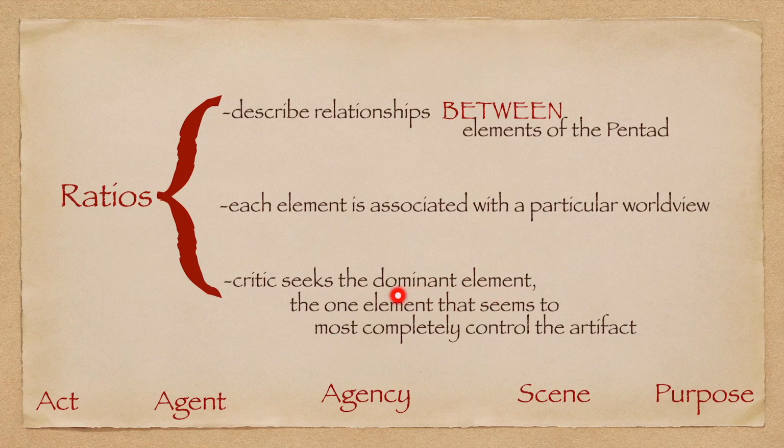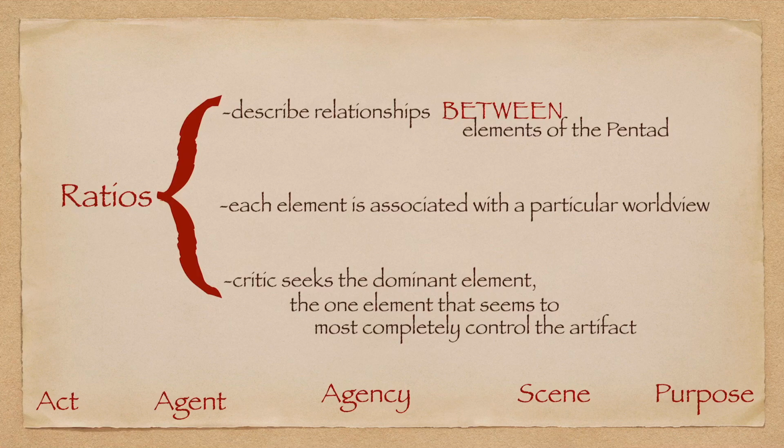What is the aspect of the drama that is most essential to this artifact? Now, there's not like a right and wrong answer here. As we've said, there can be some ambiguity in this, and we'll explore that ambiguity a little bit. But you want to create a sense, as a critic, that you understand agent, let's say, as the dominant element that is functioning inside this artifact.